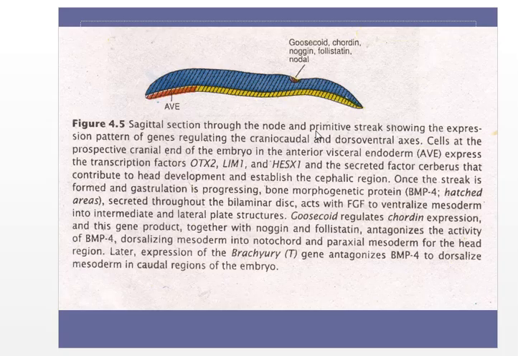But in the caudal part, because in this area we don't have the notochord for the expression of these genes, the brachyury gene has an important role in suppressing BMP4 for dorsalizing mesoderm in the caudal region of the embryo.